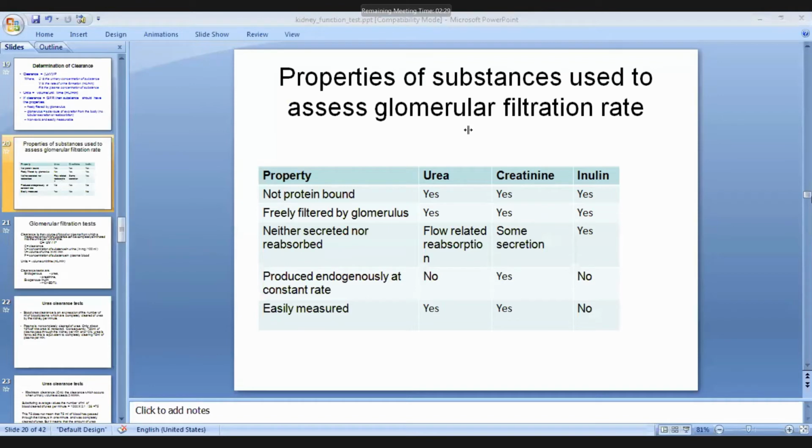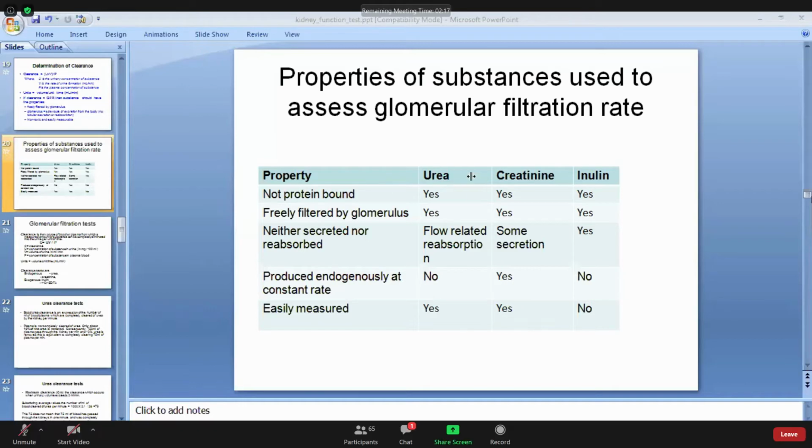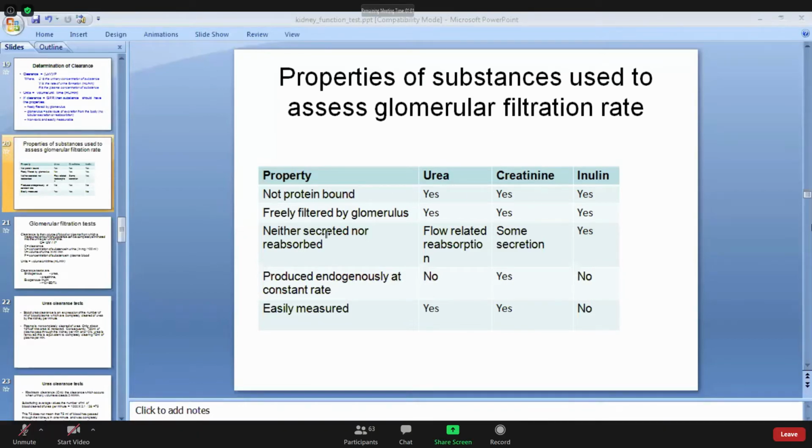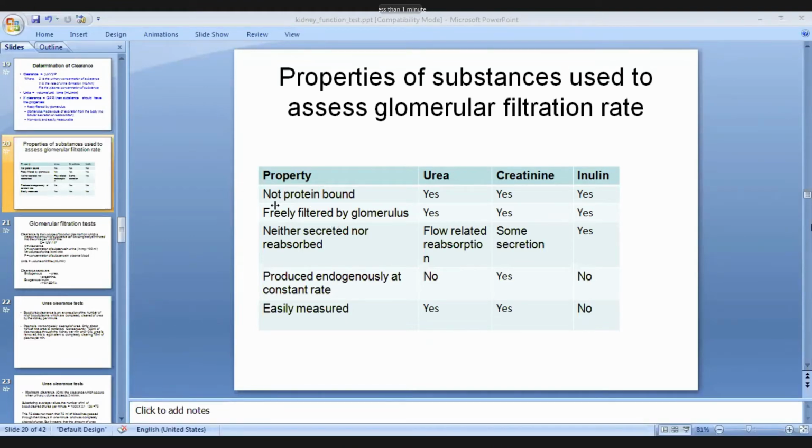Here a comparison is made. We can use urea, creatinine, and inulin to study the clearance test. We compare the different properties of these three substances, which are generally the ones we use to measure clearance: urea clearance, creatinine clearance, and inulin clearance.